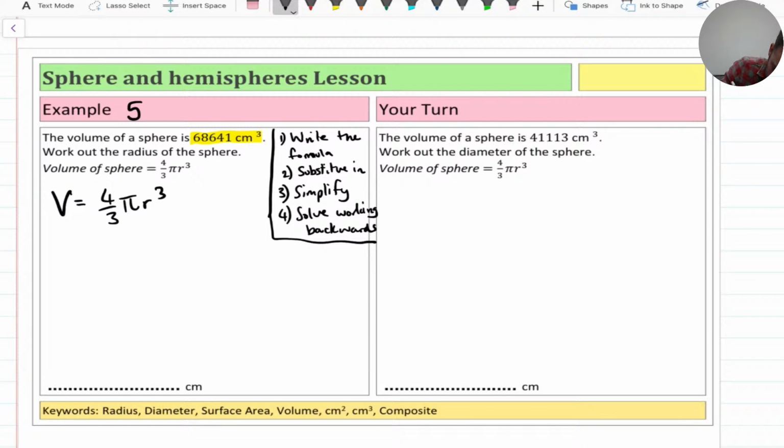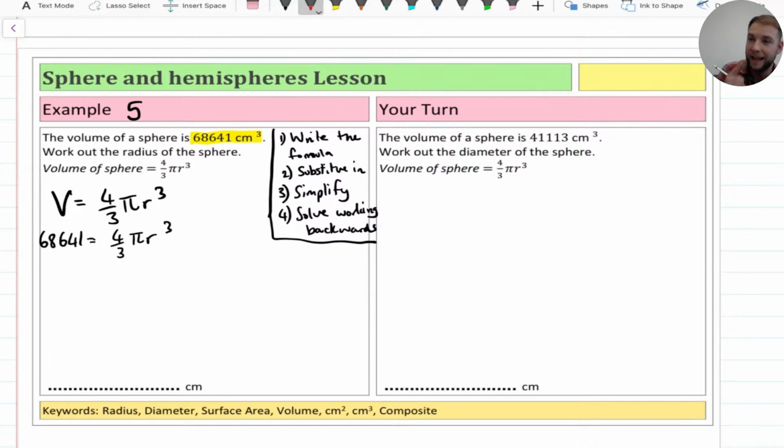So my volume was the 68,641, which is equal to 4/3 pi r cubed. Now this one here is tricky to solve. We don't really need to simplify this one because there's nothing on that right hand side you need to simplify, so we're just solving now.